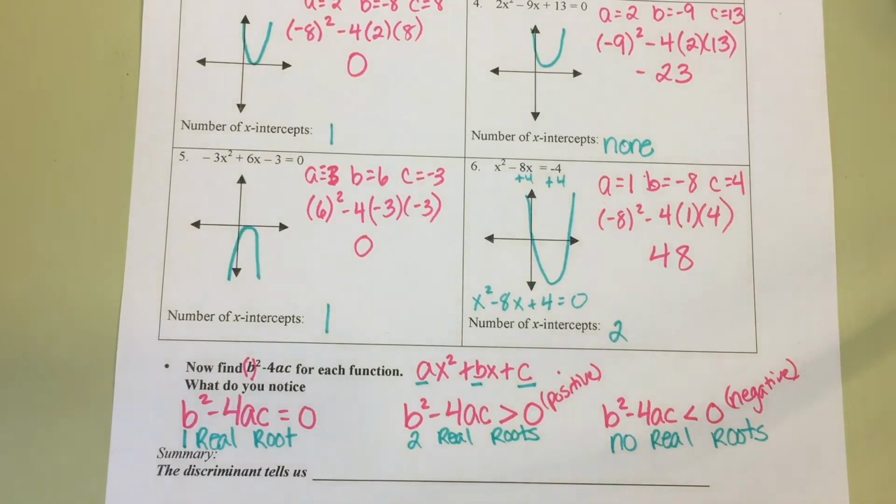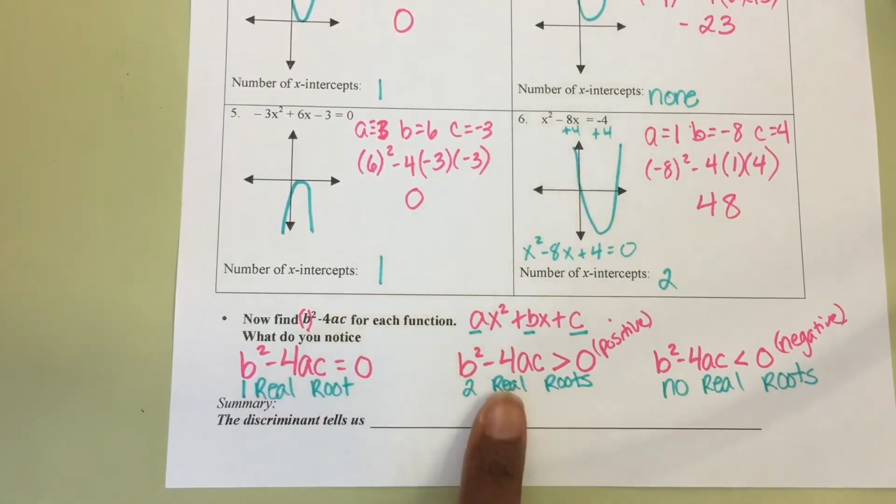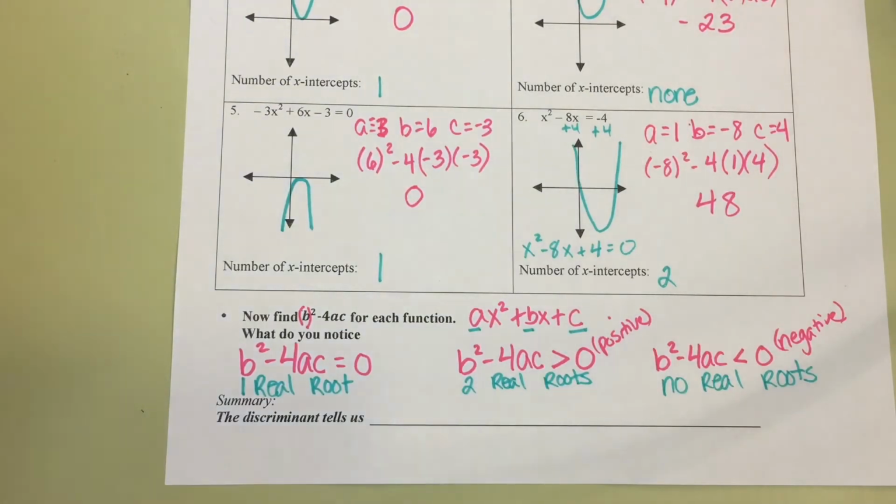b squared minus 4ac is called the discriminant. The whole point of finding the discriminant is to tell us how many roots we have. They're solutions. That's what it's going to tell us.